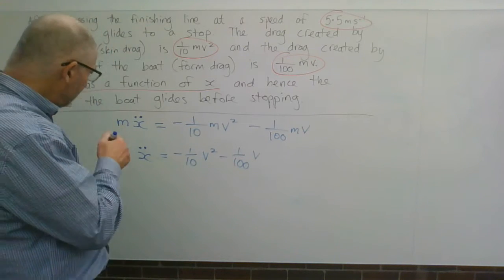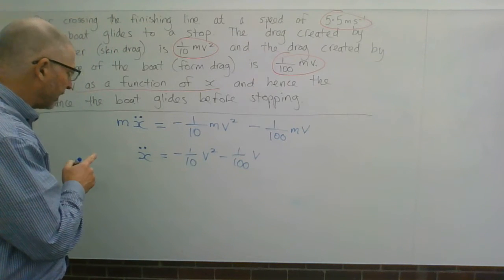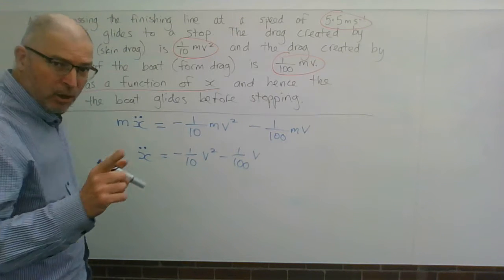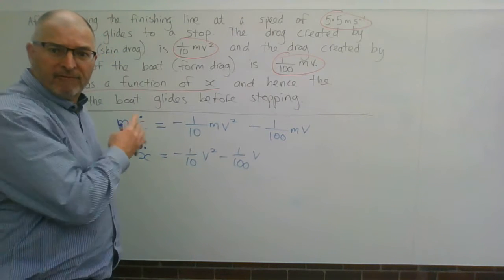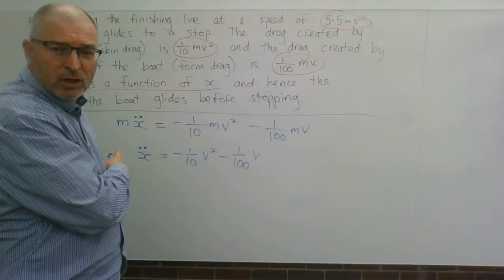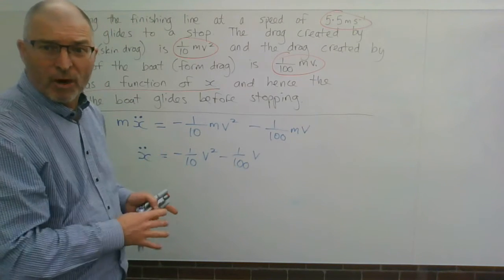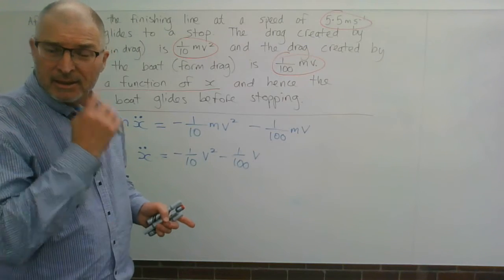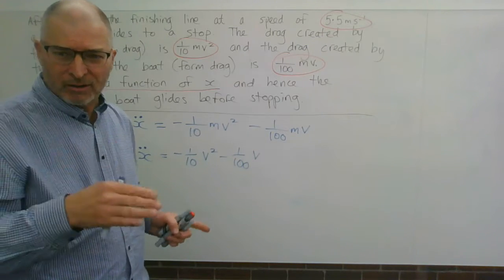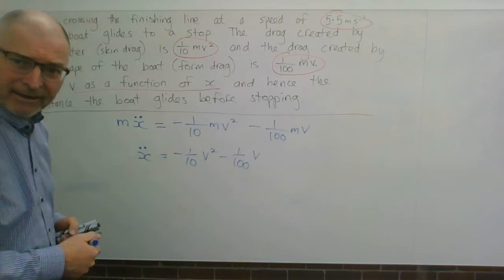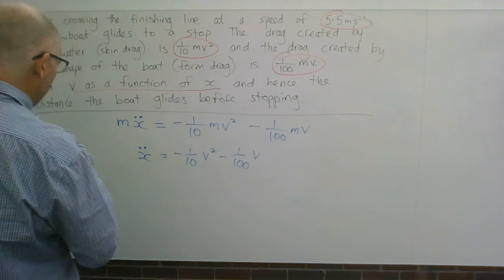Looking ahead, v dv/dx looks like a good idea, because if I have v times dv/dx on the left, I've already got some v's on the right. I can divide through by the v's, because we know the velocity is not zero, and then I can get a simpler equation. So I'm going to do that.